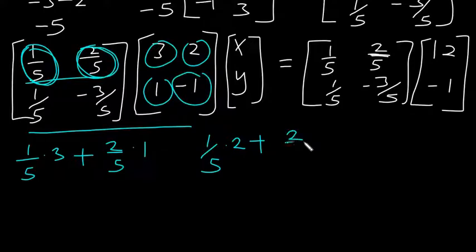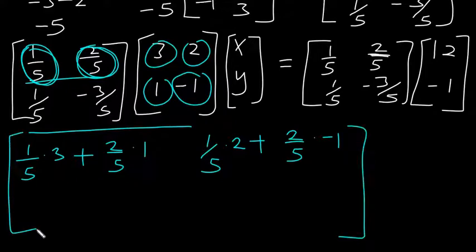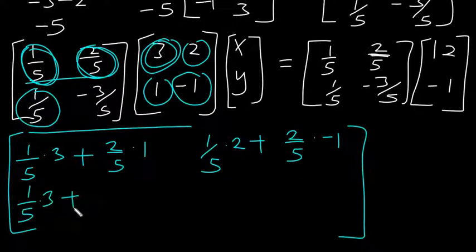So we have 2/5 multiplied by -1, and then let me put a bracket. And then for this other one, we're going to have a fifth multiplied by 3, and then we add it to -3/5 multiplied by 1.